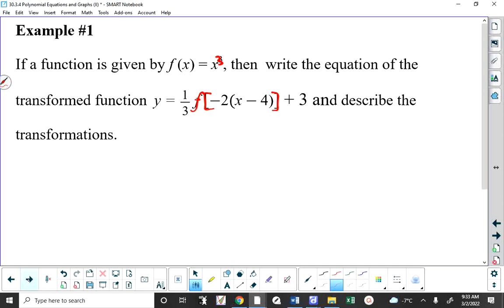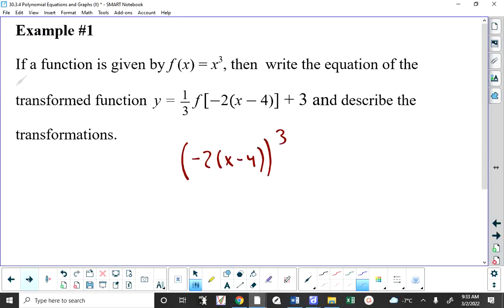It says f of x is x cubed. So f of hearts is hearts cubed. F of puppy is puppy cubed. F of negative 2 times x minus 4 would be negative 2 times x minus 4 cubed.